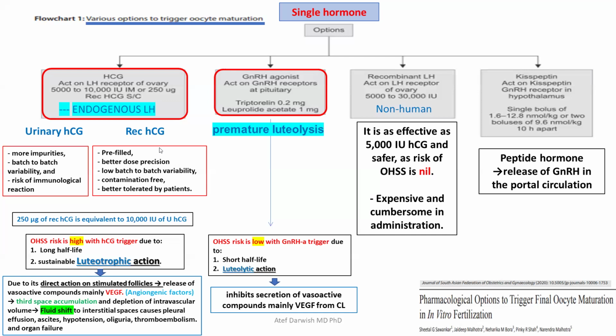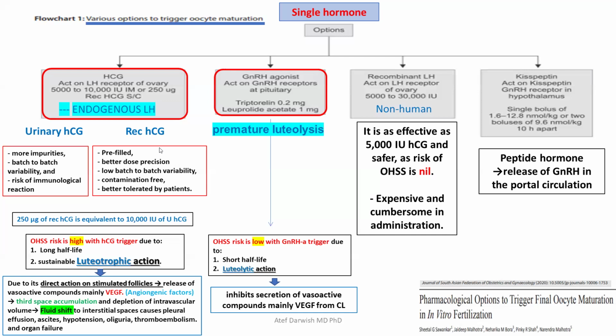Sometimes we can give recombinant LH, which is pure LH, and it is non-human and as effective as HCG, but it's expensive and not so recommended by ISHRE and other societies. And recently there is kisspeptin, with many studies on kisspeptin as a single bolus dose, which is a peptide hormone that releases GnRH in the portal circulation.